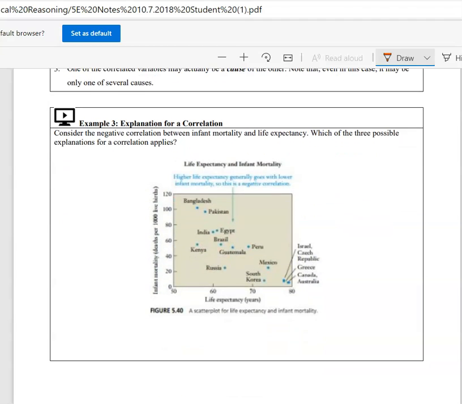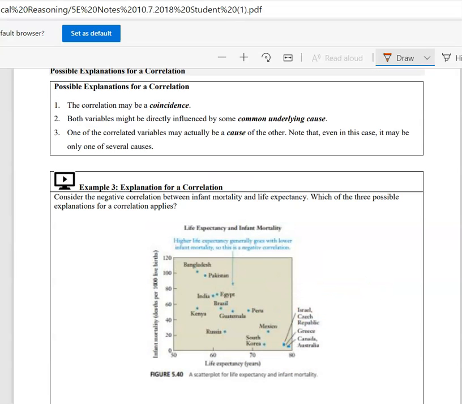So we looked at this infant death rate and life expectancy. We looked at that one earlier. And what can we gain from that? Okay, so do we think that the correlation may be just a coincidence? Well, I don't think so, right? I don't think that is just a coincidence.